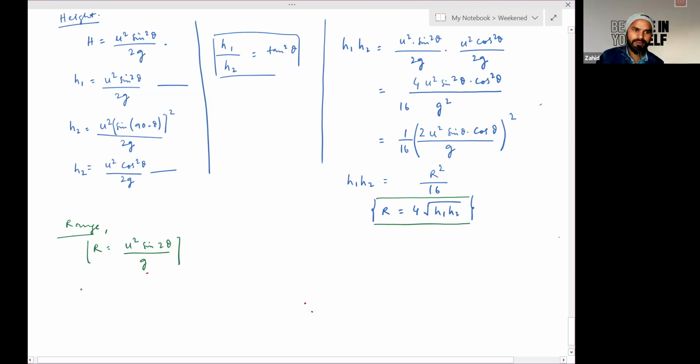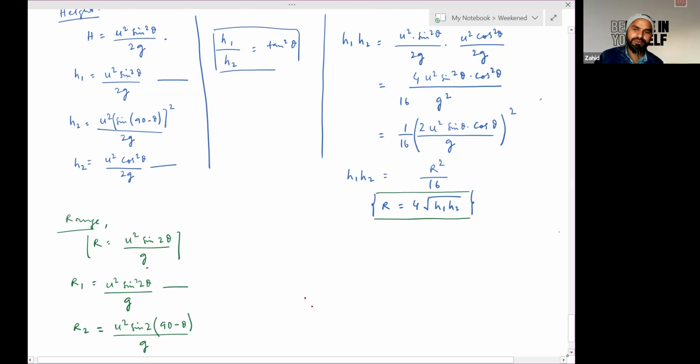So let's say R1 equals u square sine 2 theta divided by g. Similarly, R2 equals u square sine 2 times (90 minus theta) divided by gravity.